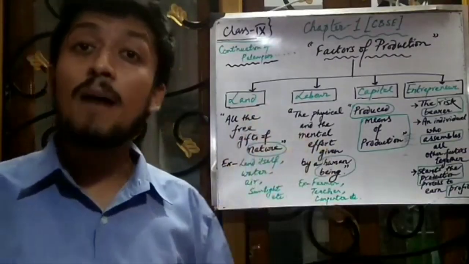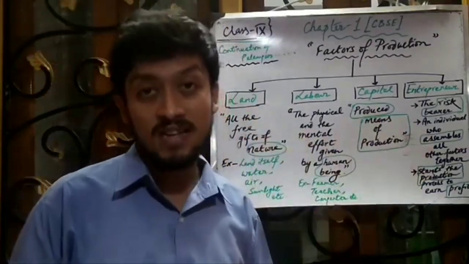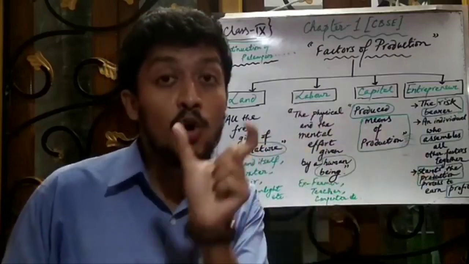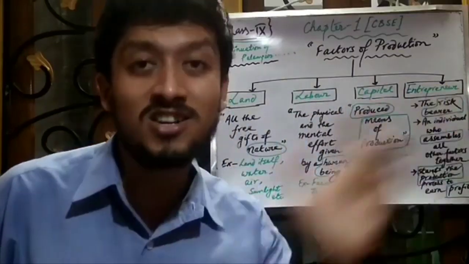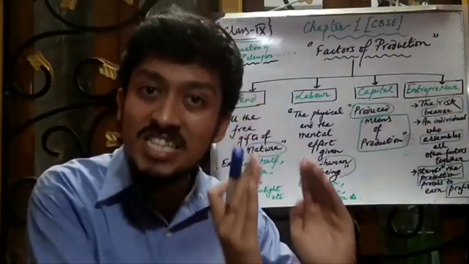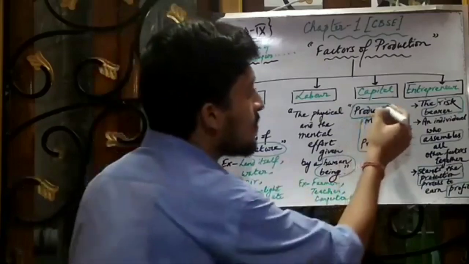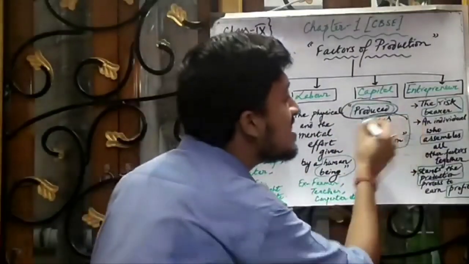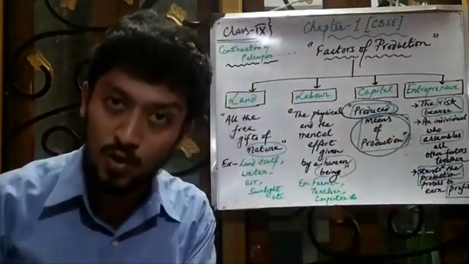The word capital in economics means produced means of production. Point to be noted. Produced is one word and means of production is a different word.